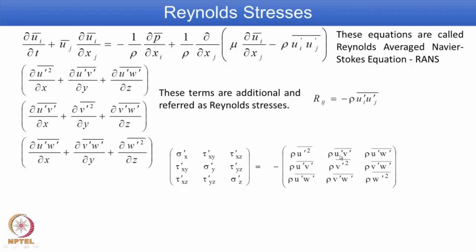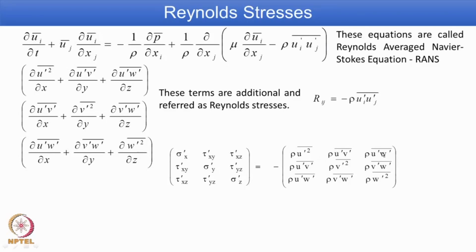Now, if you look at the shear stress terms, for example in the first row you have rho u'v' bar and rho u'w' bar, and in the first column, second row, rho u'v' bar, and first column, third row, u'w' bar. So first row, second column, that is rho u'v', and first column, second row element, rho u'v', they are the same.